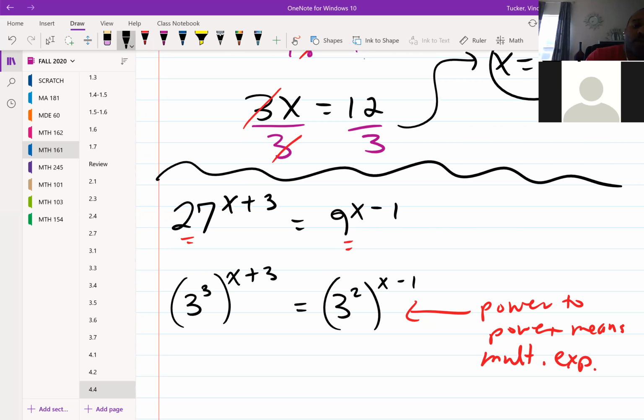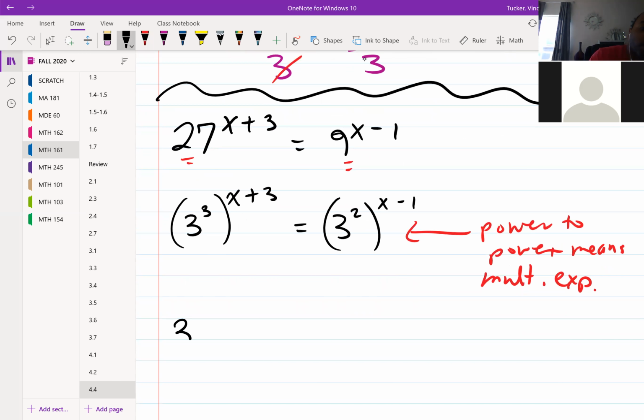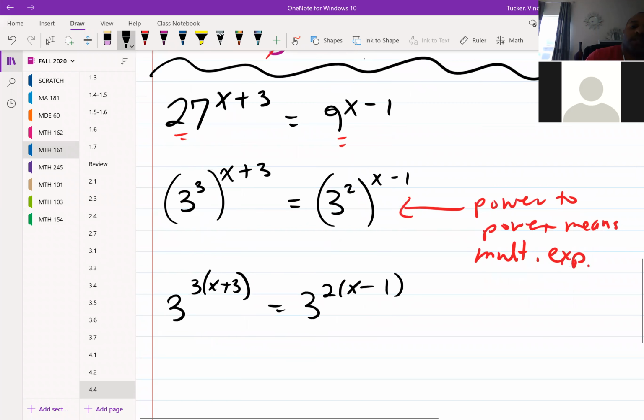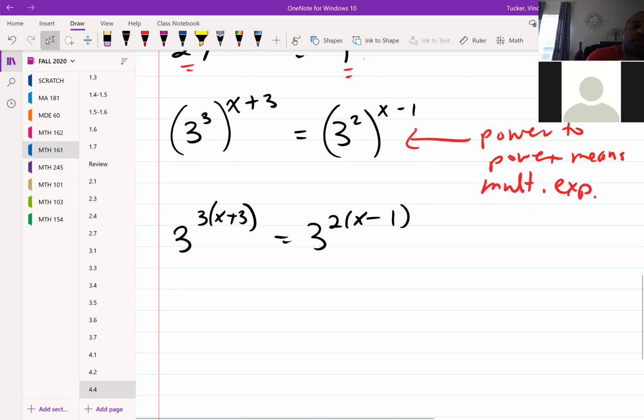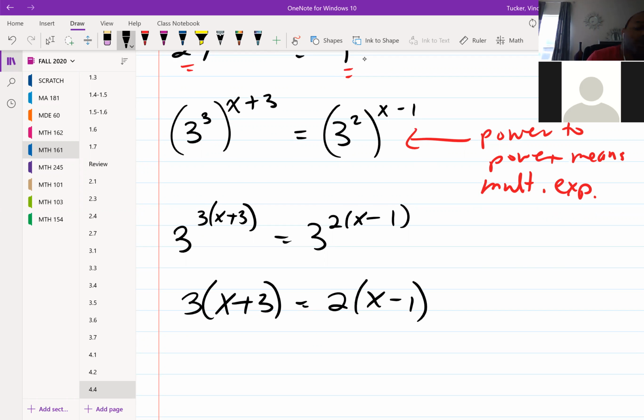So in other words, I can rewrite this that way, multiplying those exponents. And my bases are the same now, so I can drop them. There's 3 times x plus 3 equal to 2 times x minus 1.